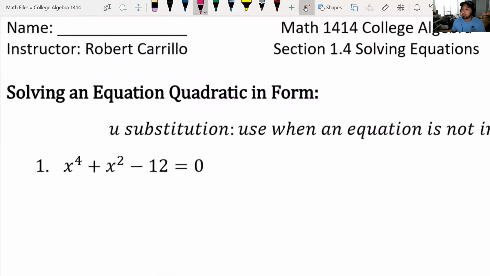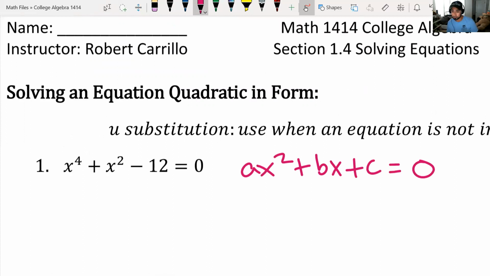And remember that a quadratic equation looks like this. Ax squared plus bx plus c equal to 0. Well, what we can say is that this given equation, x to the 4th, looks quadratic in form, which means it can possibly be solved by quadratic methods, factoring, completing the square, whatnot.